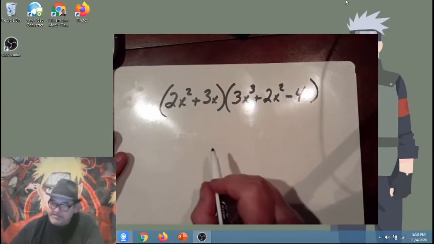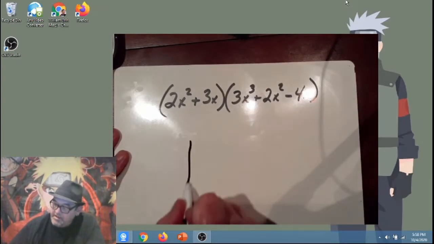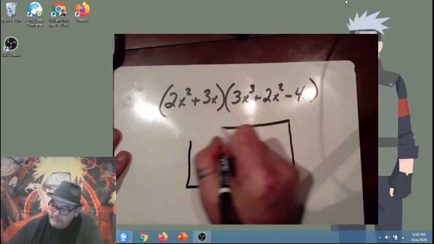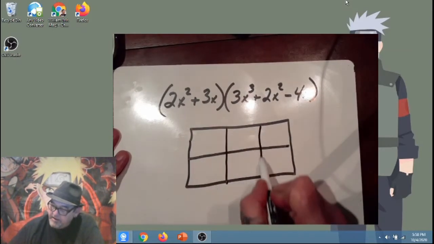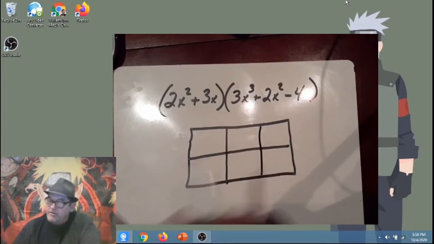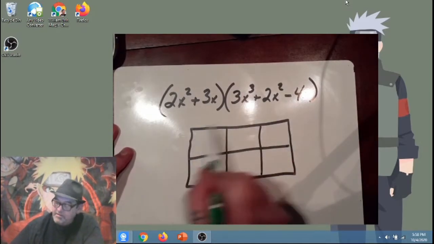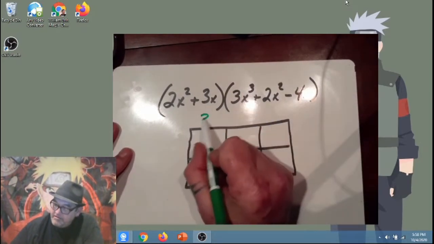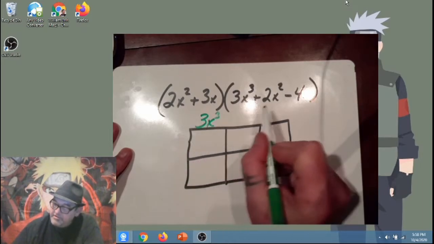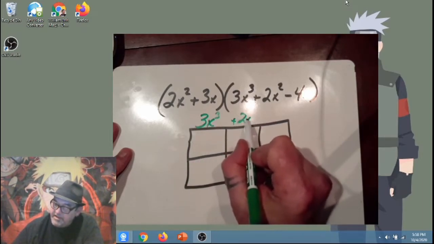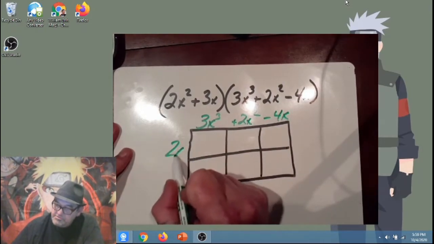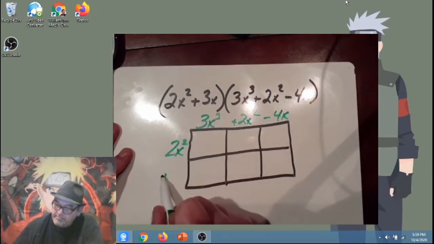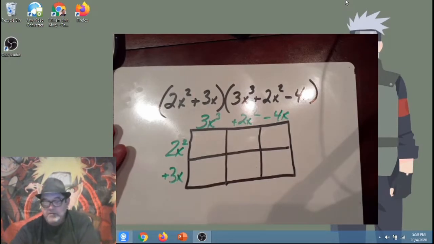We set it up the same exact way. So I'm going to make a 2 by 3 grid here, and I'm going to put my terms above and on the side. So 3x to the third plus 2x squared minus 4x, 2x squared here plus 3x.